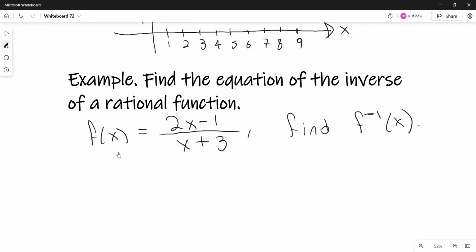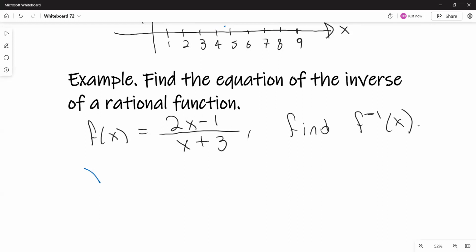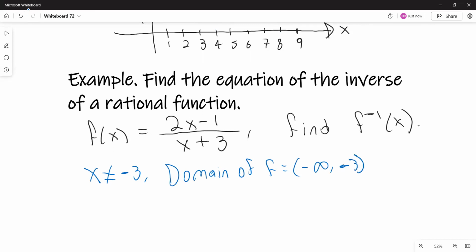Okay, so observe first that x cannot be -3. In the last section, we learned that that's where the vertical asymptote is. So the domain of f is going to be -infinity to -3 union -3 to infinity.